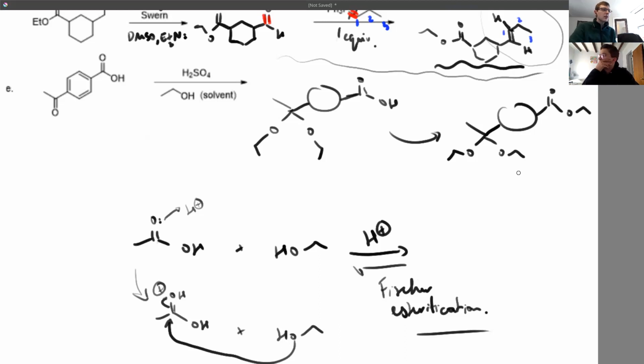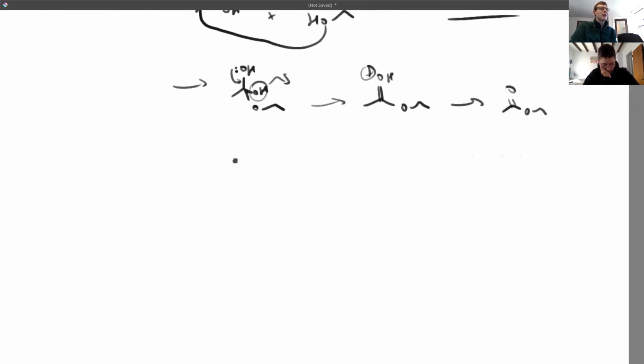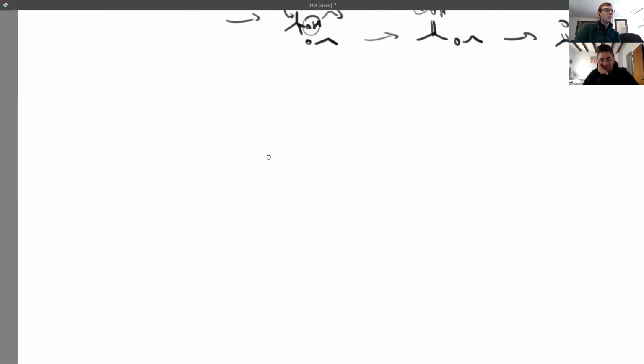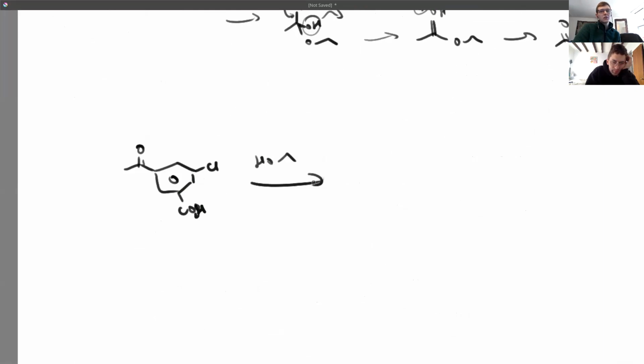When I was taking the class, there was a really nasty problem. It wasn't that hard at the end of the day, but it was a mean problem because it was something like this, and then there was this ring, and there was a chlorine and a CO2H, and then it was, what happens if you give it ethanol and acid?